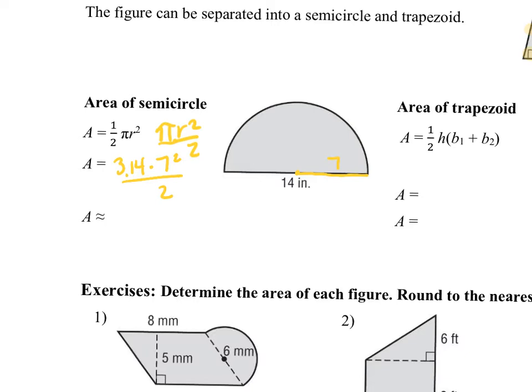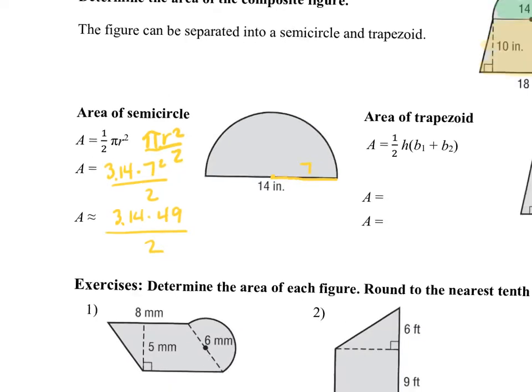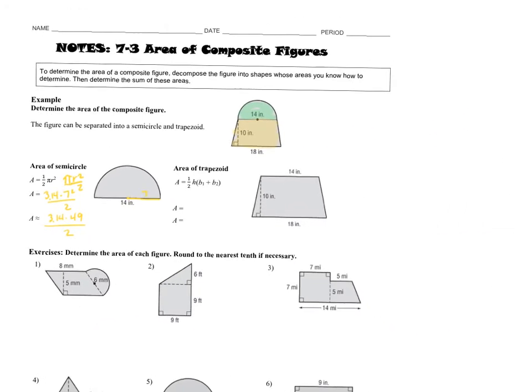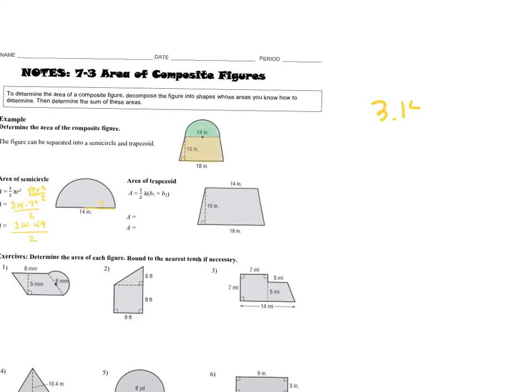Okay, so order of operations tells us to do 7 squared first, so 3.14 times 49 divided by 2. And I can't take half of anything very easy, so I'm just going to go ahead and multiply 3.14 times 49. And I'm going to do it over here, out of the way.